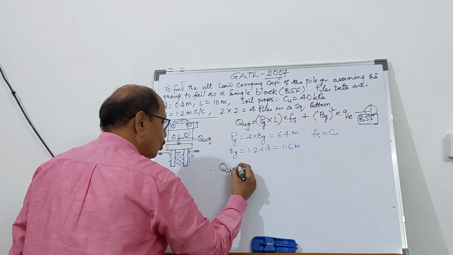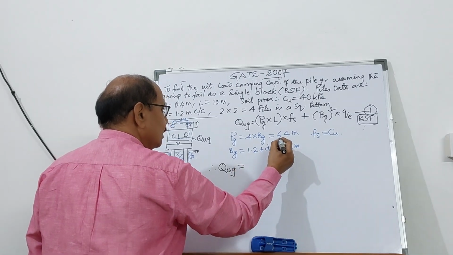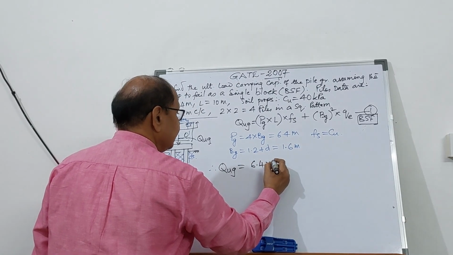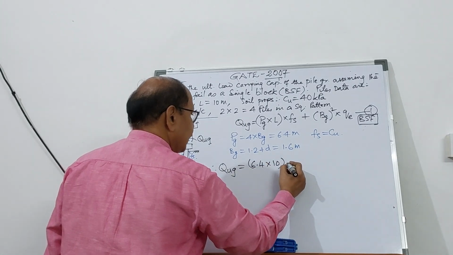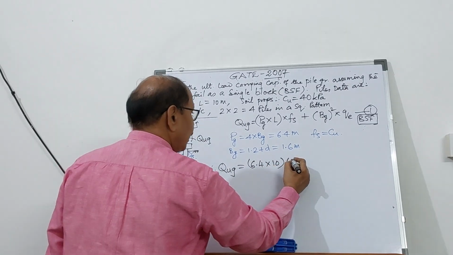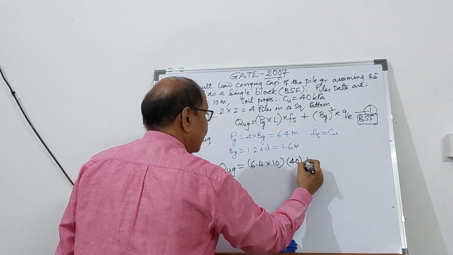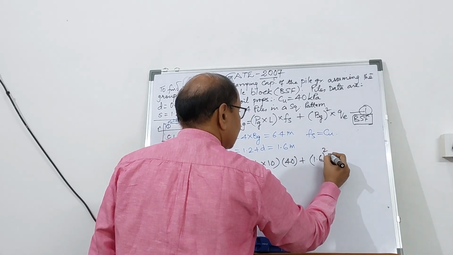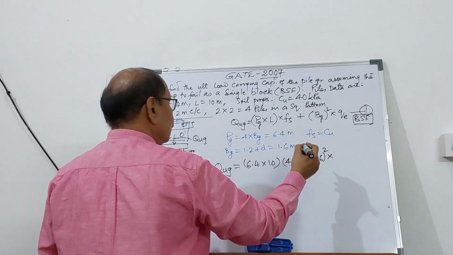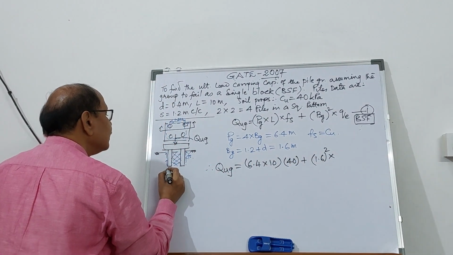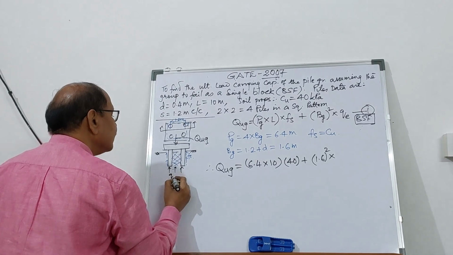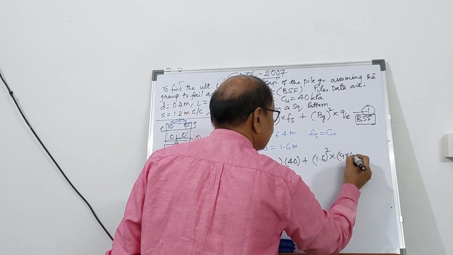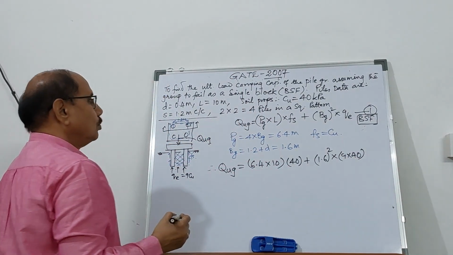The ultimate load carrying capacity of this pile group is going to be 6.4 multiplied by the length multiplied by Cu, which is 40, plus Bg squared, which we have already calculated, multiplied by Qb. At the end, it is 9 times Cu. So multiply it by 9 into 40.